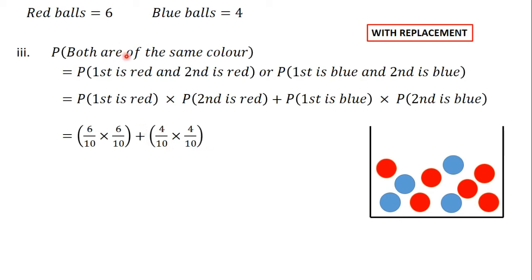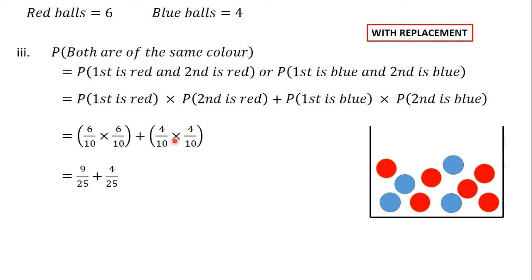So the probability that both balls are of the same color is equal to the probability that the first ball is red, which is 6 divided by 10, times the probability that the second ball is red, which is 6 divided by 10, plus the probability that the first ball is blue, which is 4 divided by 10, times the probability that the second ball is blue, which is 4 divided by 10.